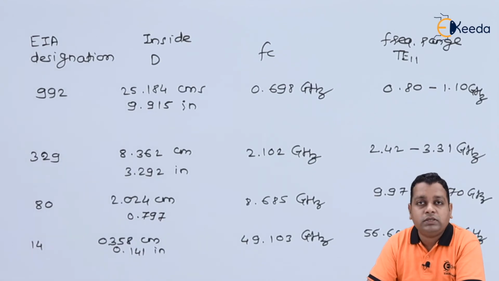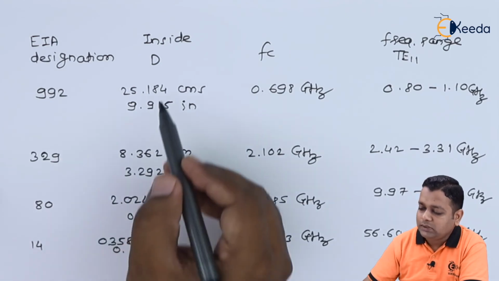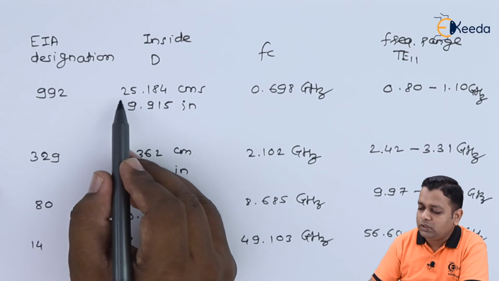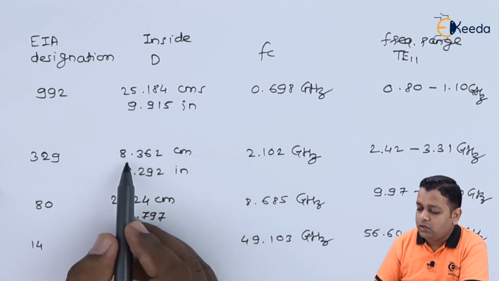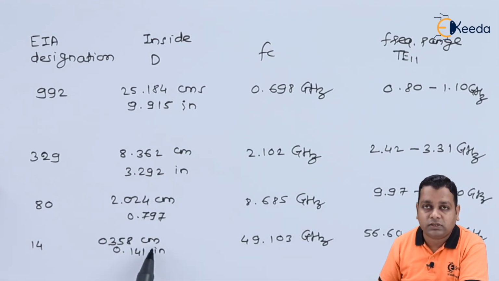Now, one relationship you can observe from all these four entries as we reduce the inside diameter here. Initially it was approximately 25 centimeters. We have reduced it to 8 centimeters, 2 centimeters and 0.358 centimeters.